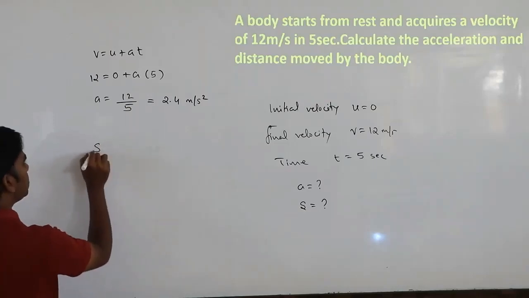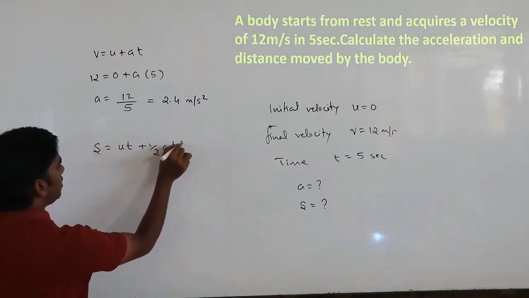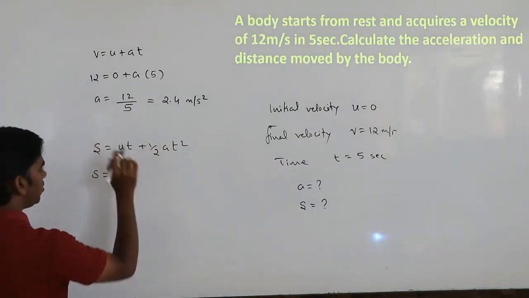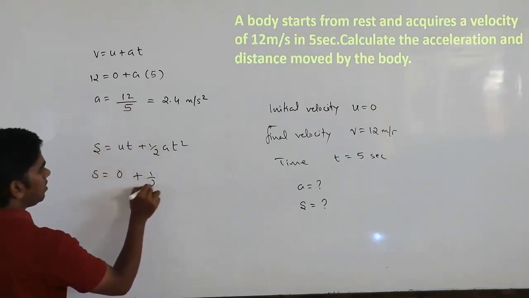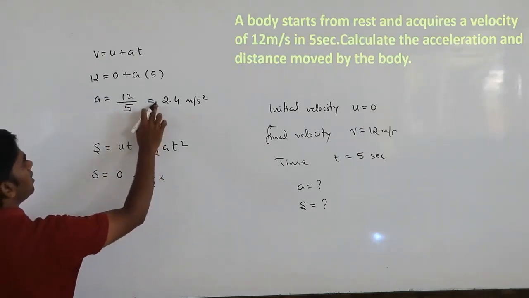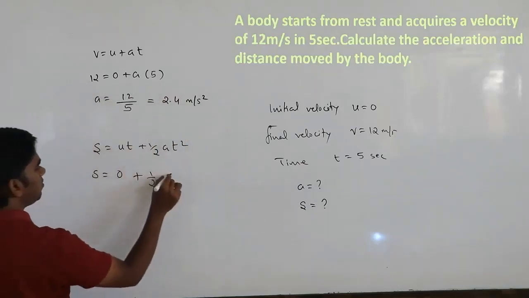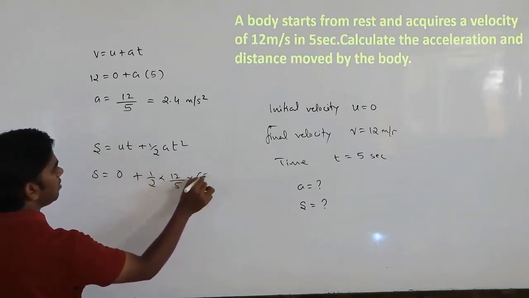Distance. So apply your second equation: s equals ut plus half at square. U is 0, so that term will become 0. Don't worry about this thing. So 1 by 2, acceleration, don't take 2.4, that will make your calculation complicated. So take 12 by 5, into time squared, 5 squared.